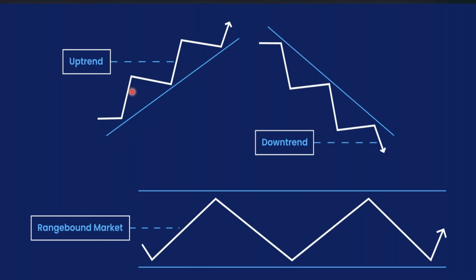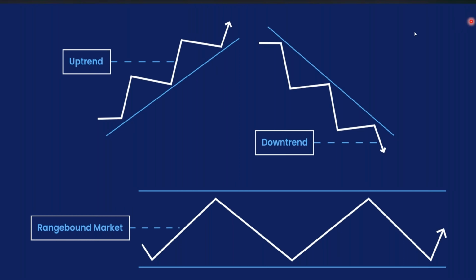But how we define an uptrend, it's making higher highs and higher lows. This higher high should not be at this level, it should be higher, and this low should not be at this level. When we are making higher highs and higher lows, this is the definition of an uptrend according to technical analysis, and the opposite in the opposite direction.